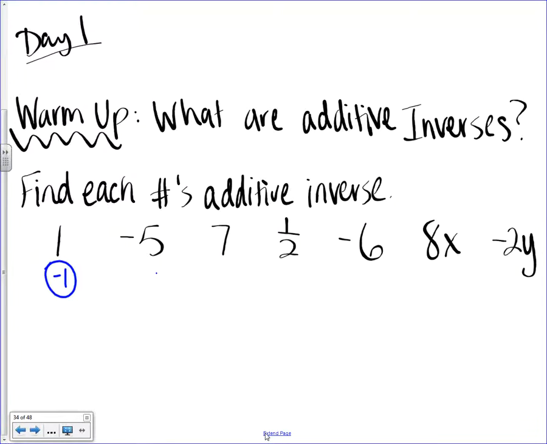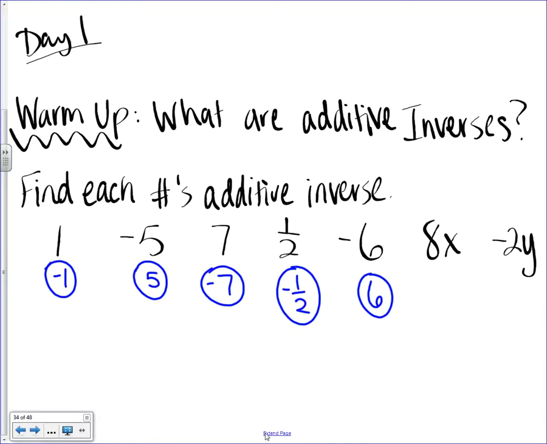Excuse me, of negative 5. It is positive 5. What's the additive inverse of 7? Of a half? Of negative 6? Of 8x? And of negative 2y. So how we doing, folks? Do you understand what an additive inverse is?